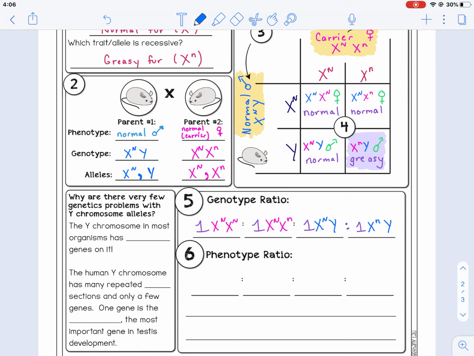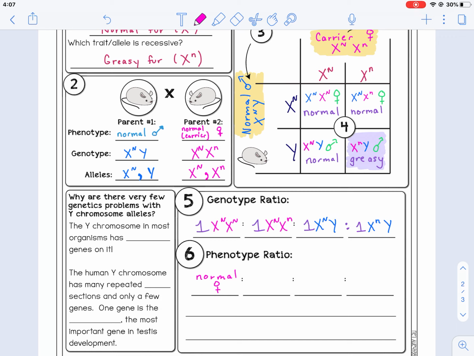Okay, so our phenotype. What do we see? So just like we pointed out above, this first genotype represents normal fur. Normal furred female specifically, because we have 2 X chromosomes.